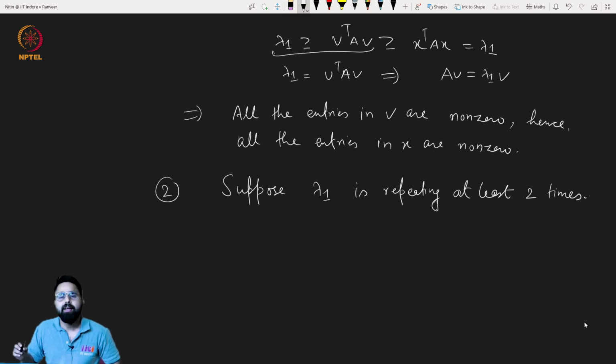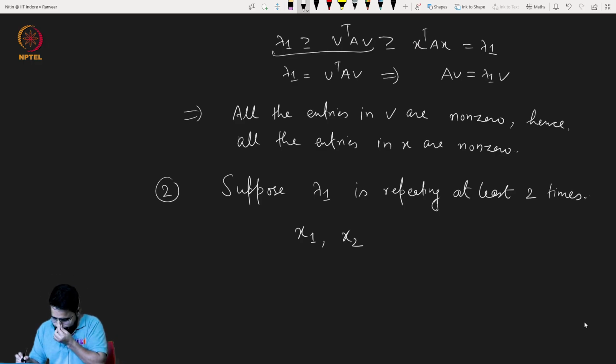Due to the spectral theorem, there exist 2 independent eigenvectors, or in fact 2 orthogonal eigenvectors corresponding to lambda 1, because lambda 1 is repeating at least 2 times, so I can pick any two linearly independent vectors. Suppose these 2 eigenvectors are x1 and x2.